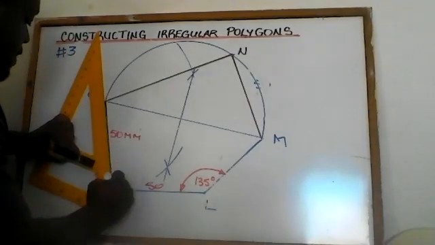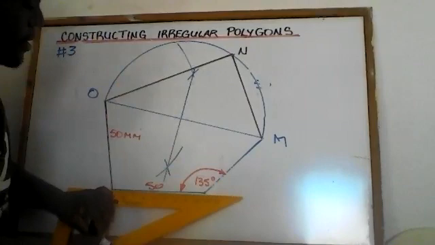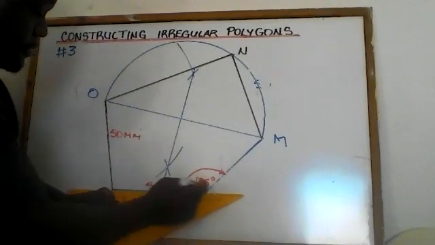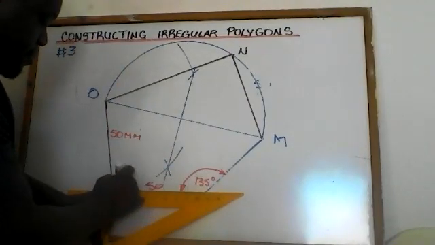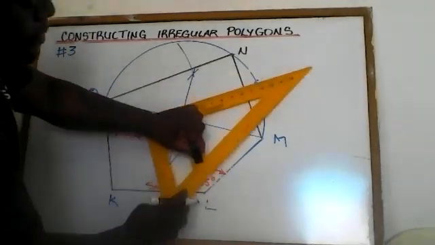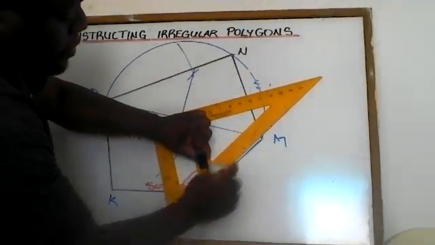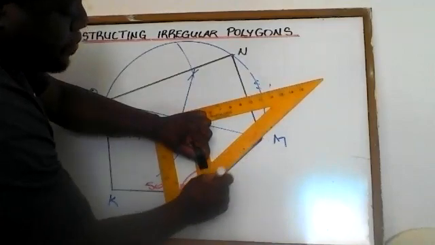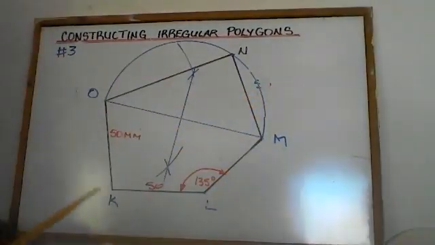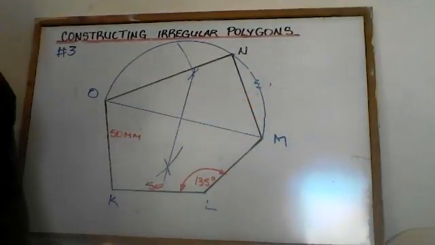Avoid double lines. Avoid the corners being misaligned or overlapping. Make sure the lines are nice and neat, all have the same weight, all have the same thickness. And this is our irregular pentagon.